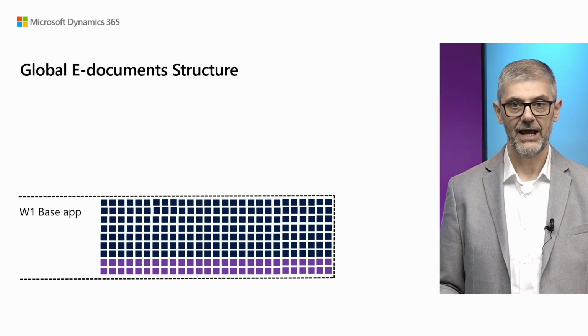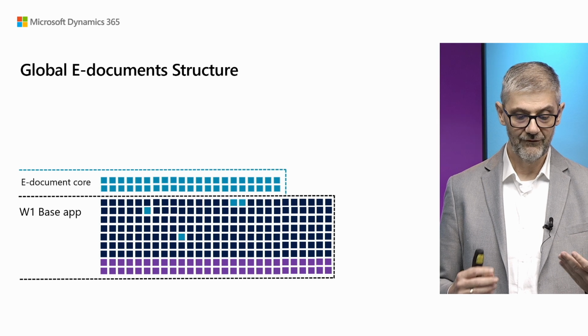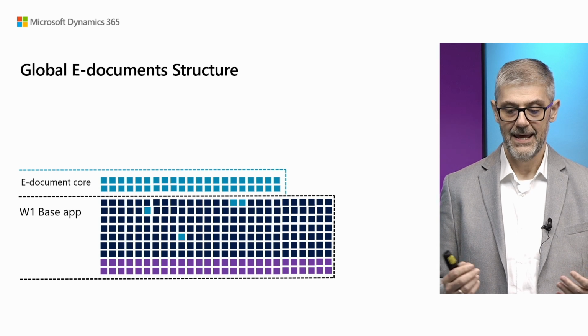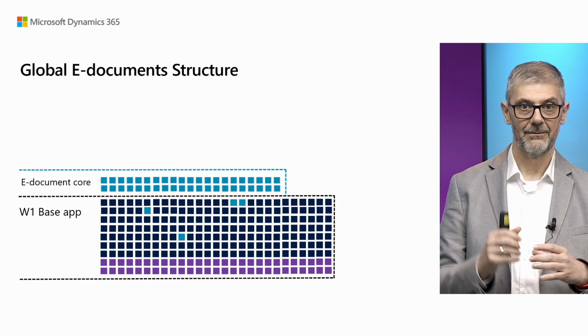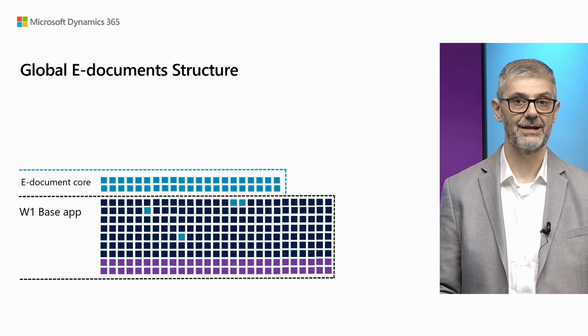Before we start with all these new things, I want to remind you that when we decided last wave to start with the e-documents module, we were thinking about whether to start as a part of the base app or not. Our decision was no, we will go with a new app, so we delivered the e-document core app. But you can see this light blue in the base app, so some parts of e-documents are still in the base app.